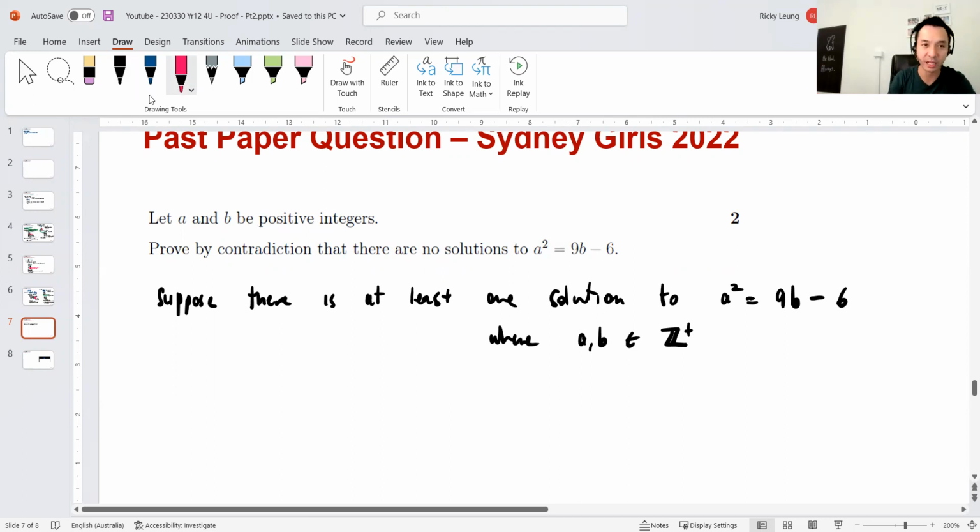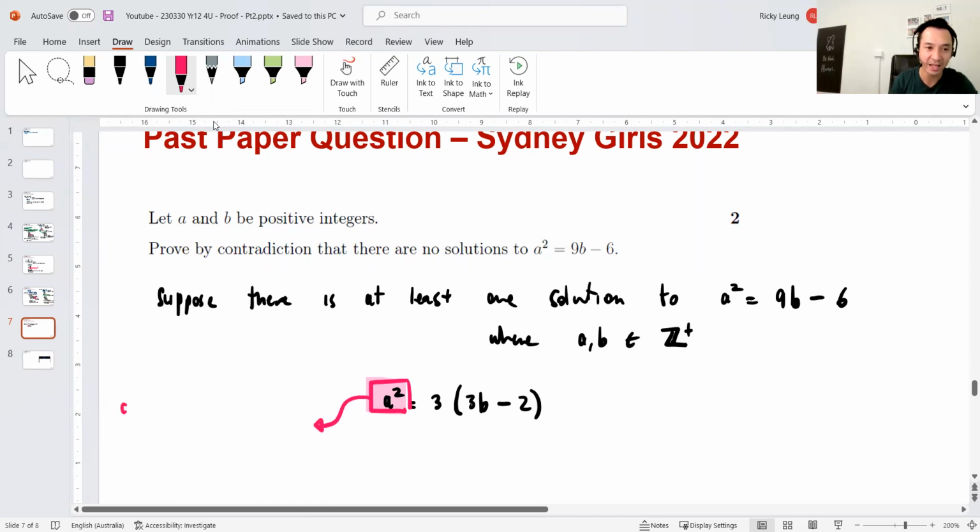Maybe let me factorize 3 out. Therefore, a squared equals 3 times (3b minus 2), right? Now, this is a statement that's really important for you to understand. How's this as logic?